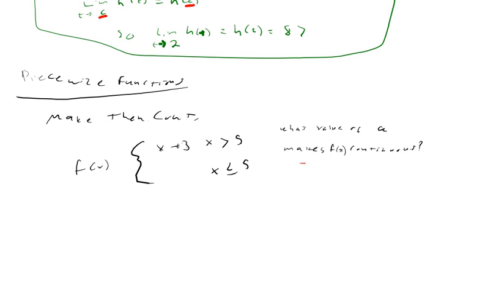Really what you're doing is you're trying to make the sides match at some value of x on the edge. You're trying to make the two sides match at the value that is the edge value.